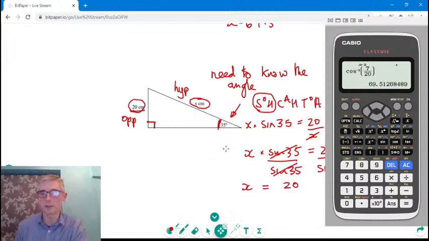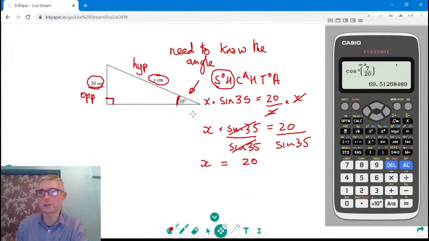Let me move the board a little to the left so we can see the working. So we end up with x is 20 over sine 35.